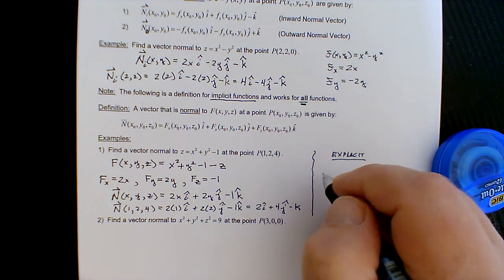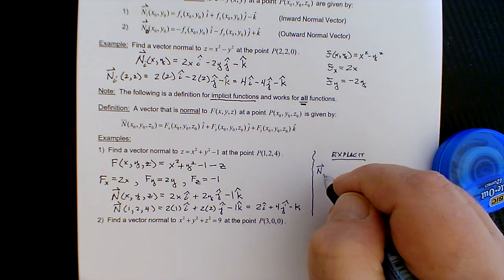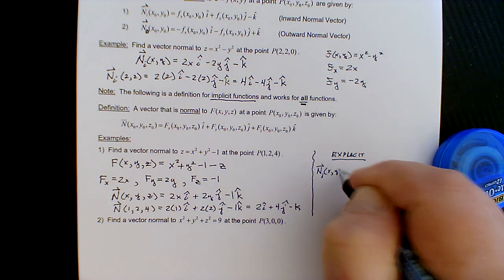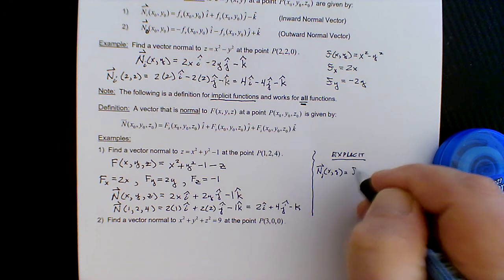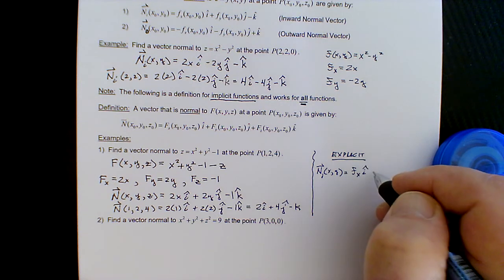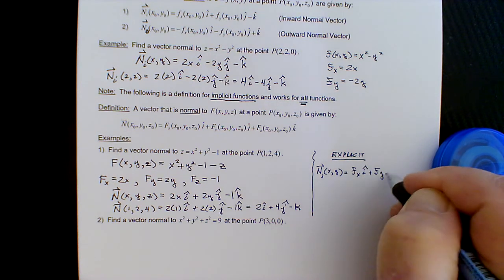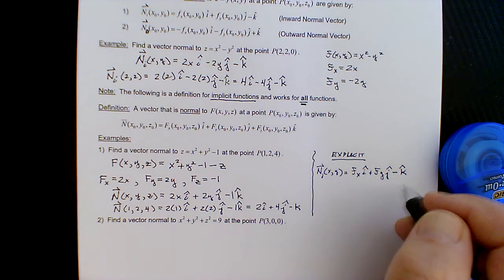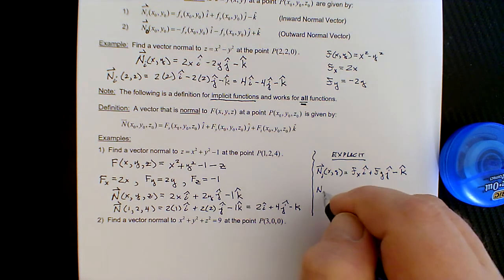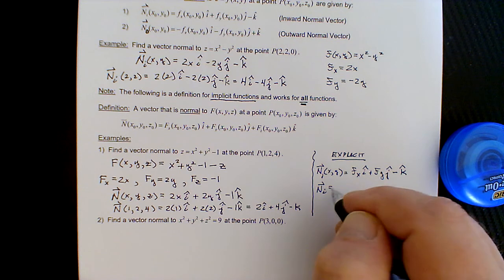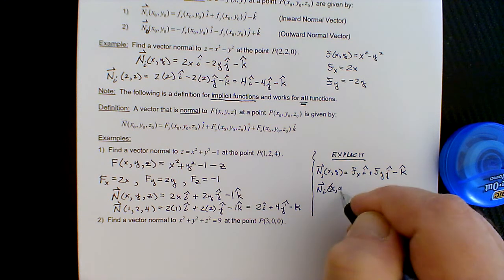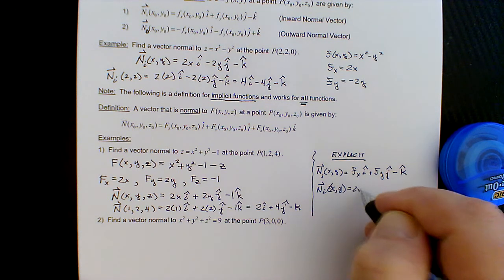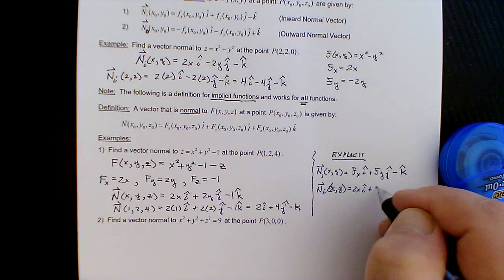The formula was that the normal vector at the point, if you want to say the n-hat of x, y would be f sub x i plus f sub y j, and it always says minus k, notice, so that when you plug in the partials, we get the exact same thing.